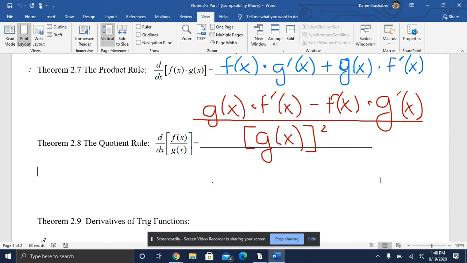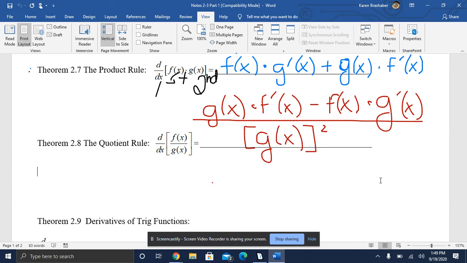I would call your f of x function first and your g of x function second. So let me see if I can get those on here. So first, and second.